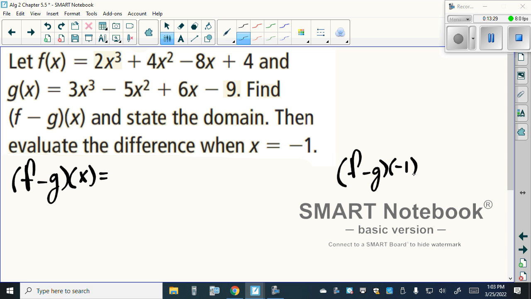So this next one here is we're subtracting g from f of x. So we have our f minus g of x. And again, this here is still the same as f of x minus our function g of x.